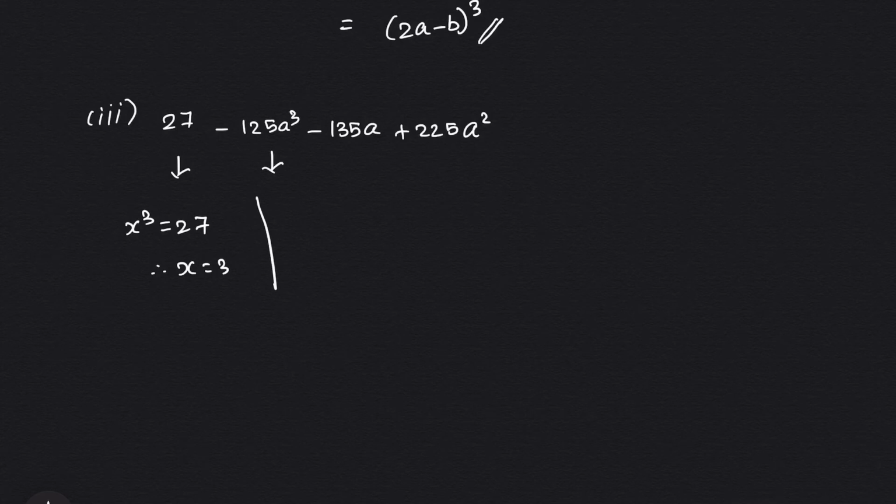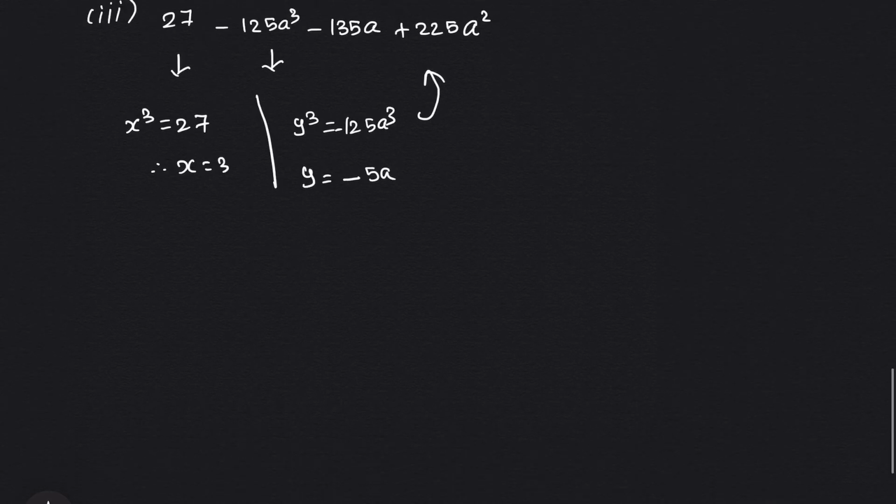Then compare this second position. y cube is equal to 125a cube. So the value of y equal to, sorry, here minus, so minus 5a. Just replacing the remaining terms. 3 cube plus minus 5a whole cube plus the format is 3a square b.